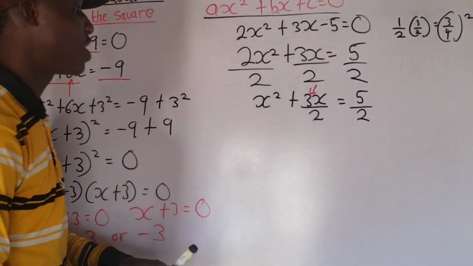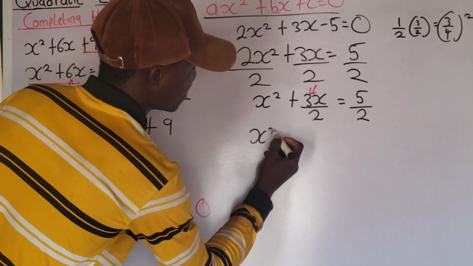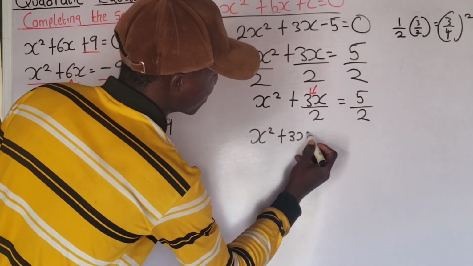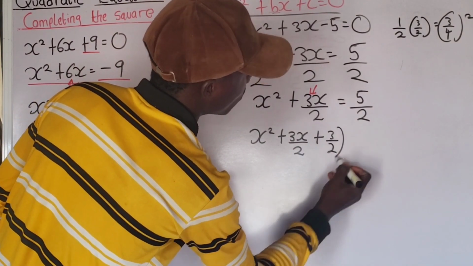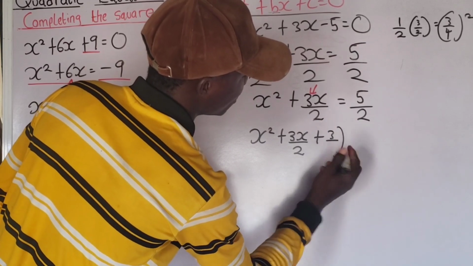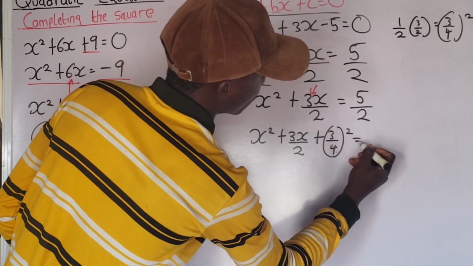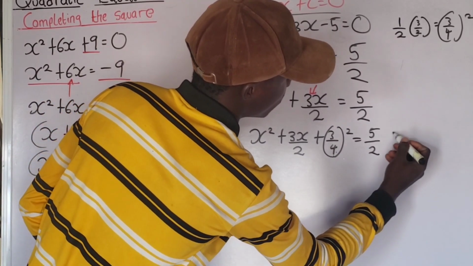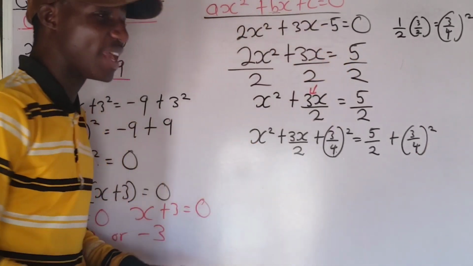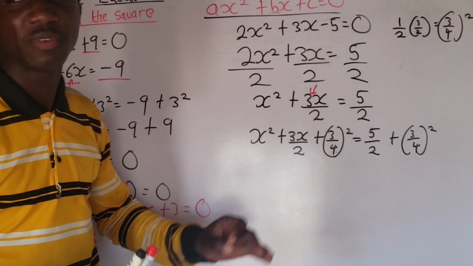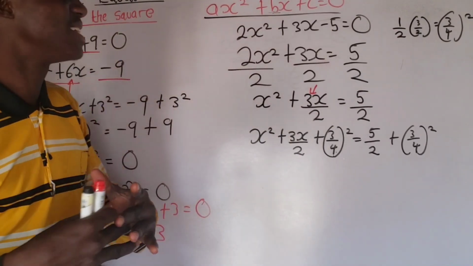So here I'm going to have x squared plus 3x all over 2 plus 3 over 4 squared, sorry, equals 5 all over 2 plus 3 over 4 squared. I add half of the square of the second term to both sides of the equation.